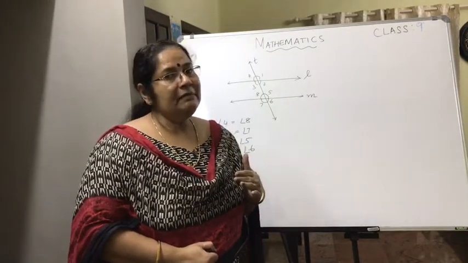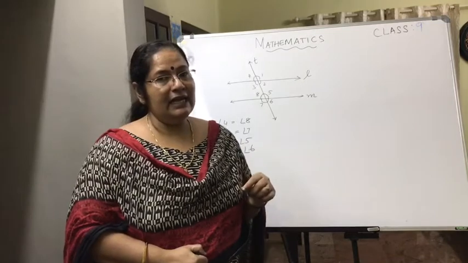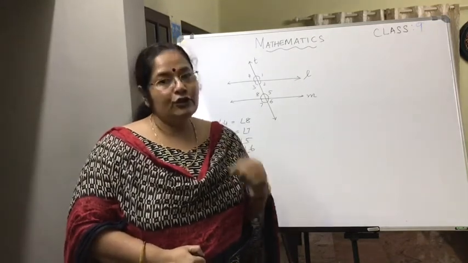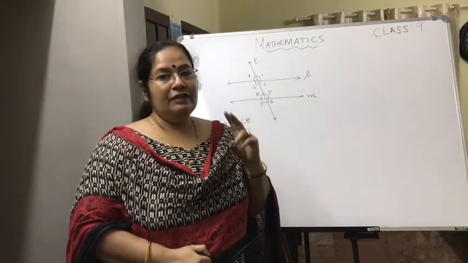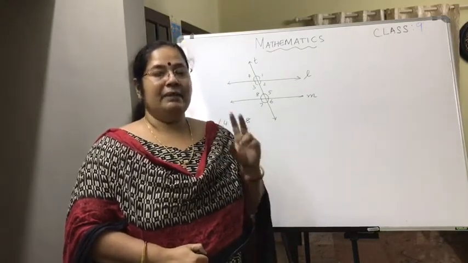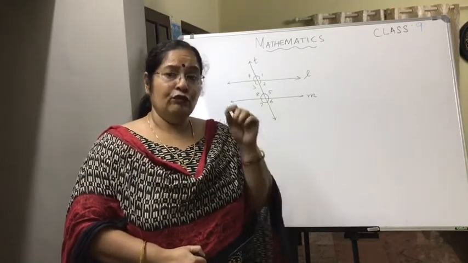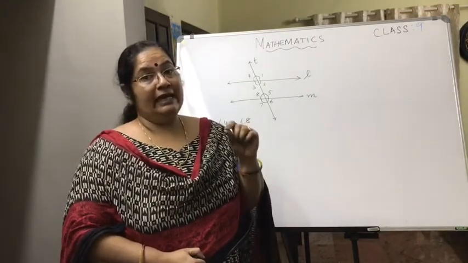What is that axiom? When parallel lines are intersected by a transversal, the pair of corresponding angles so formed are equal. That is the corresponding angles axiom.